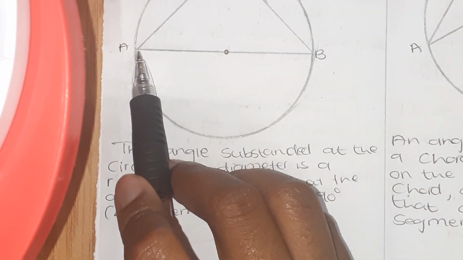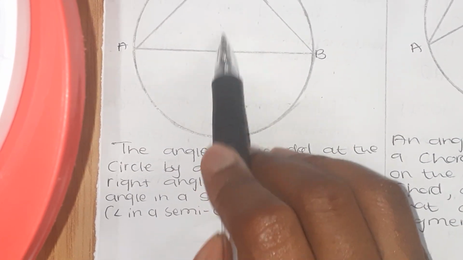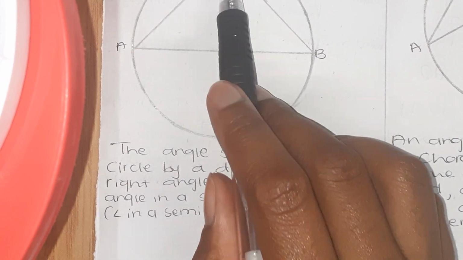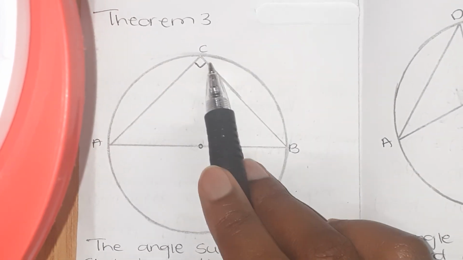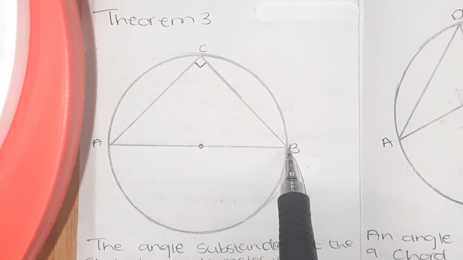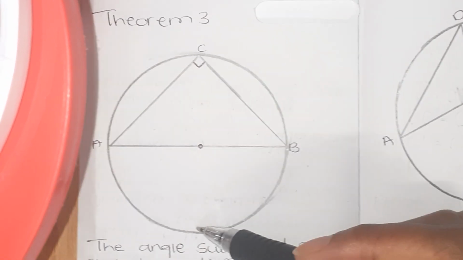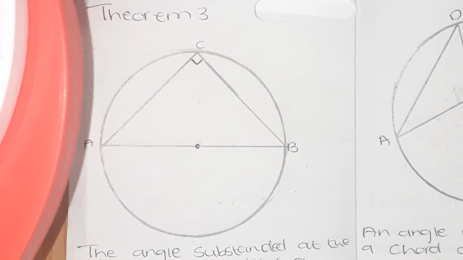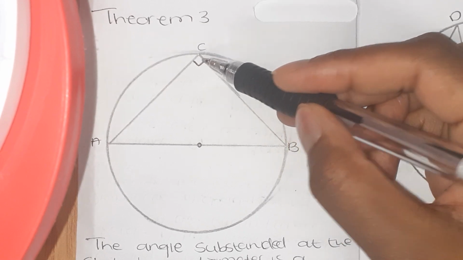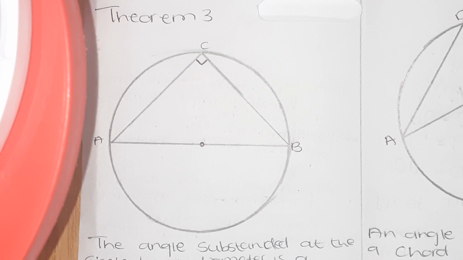If you have a line passing through the center like this, a diameter, any angle opposite a diameter is 90 degrees. Even if it's this side, it is an angle in a semicircle. Okay, so an angle in a semicircle opposite the diameter equals 90 degrees. All right, guys, don't forget that, please.